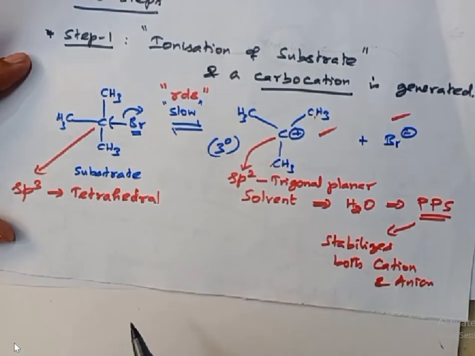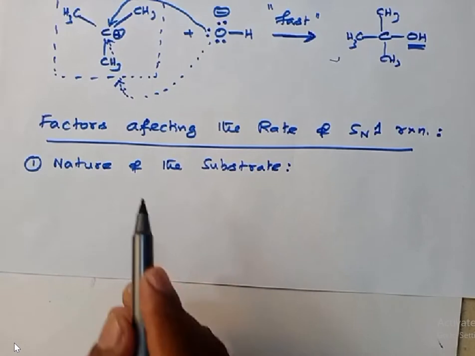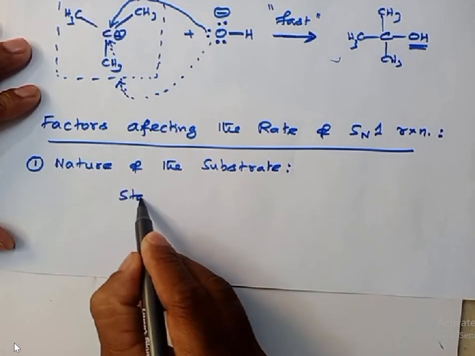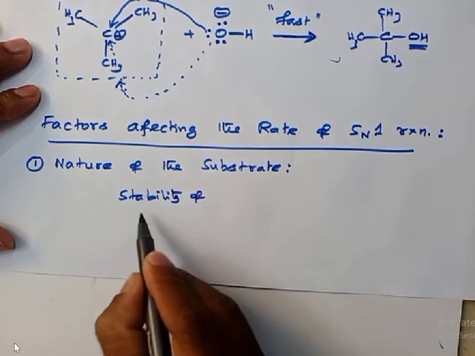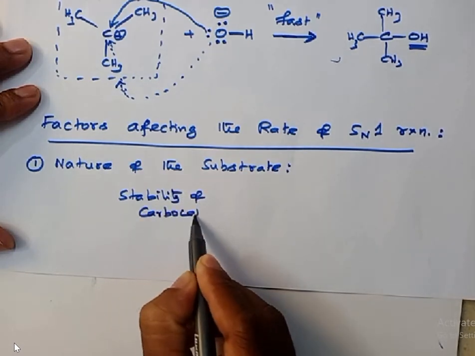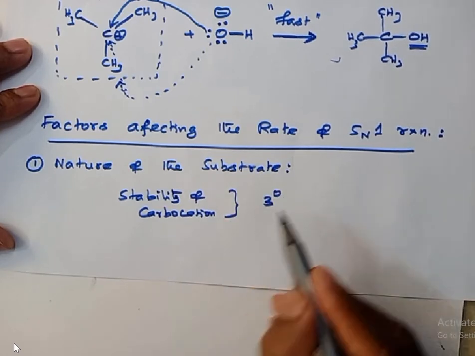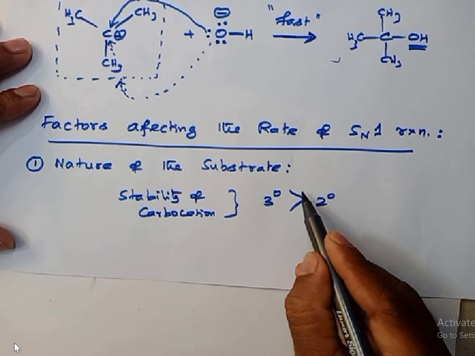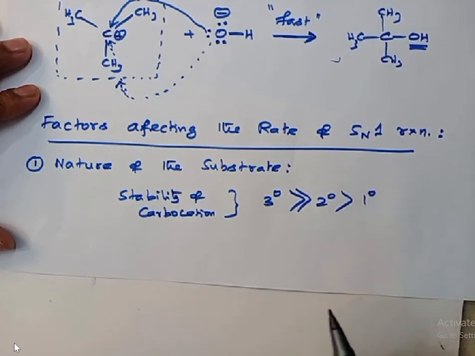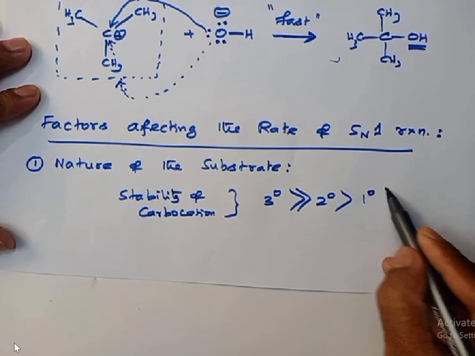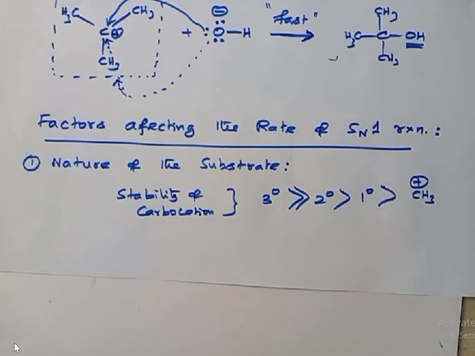It's a tertiary carbocation. And if you see the stability of carbocation, listen, this is the general order of stability of carbocation. Tertiary carbocation is more stable compared to secondary. Secondary carbocation is more stable than primary. Primary carbocation is more stable than methyl carbocation, methyl cation.